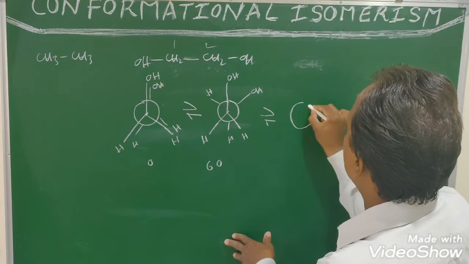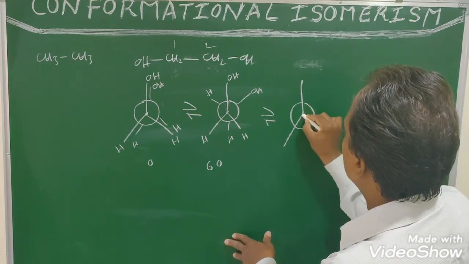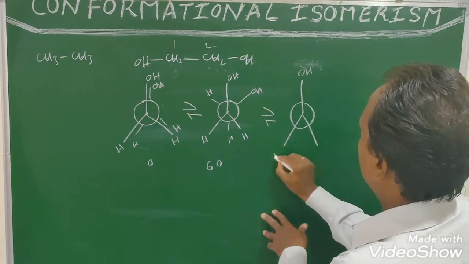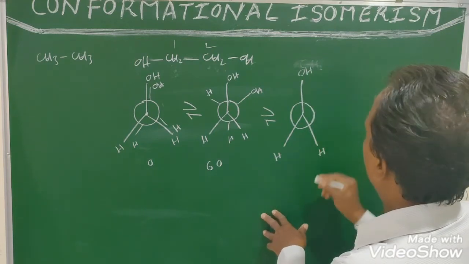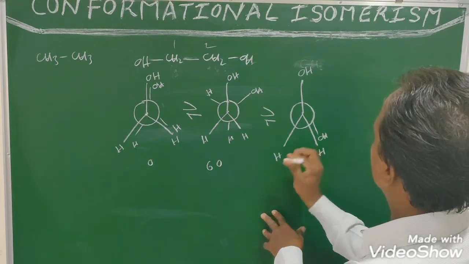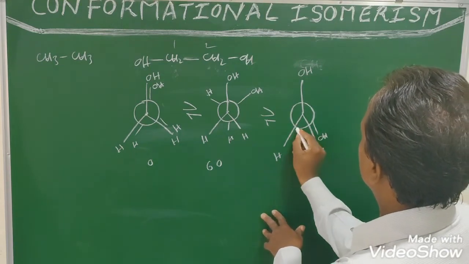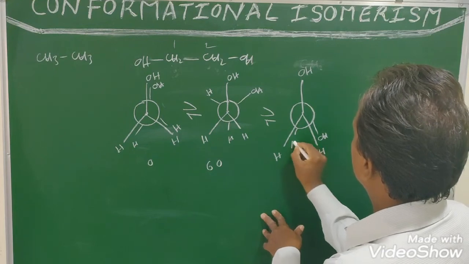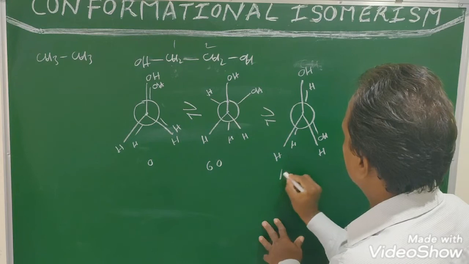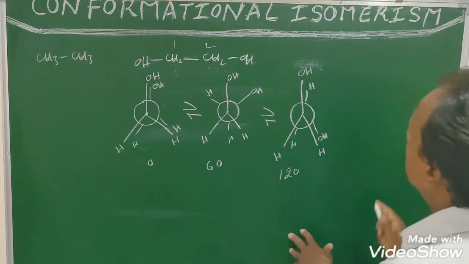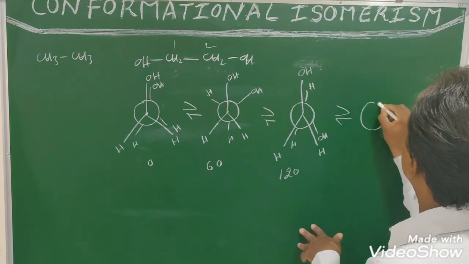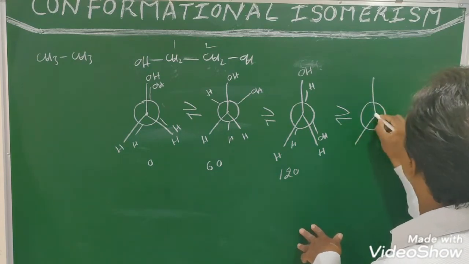In the next conformational isomer, it is 120. Next conformational isomer, the dihedral angle is 180.